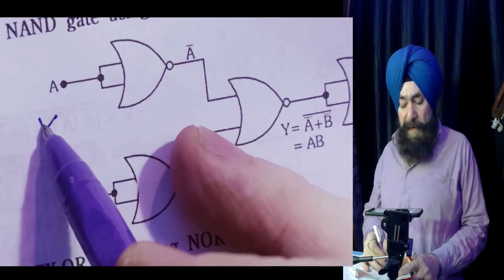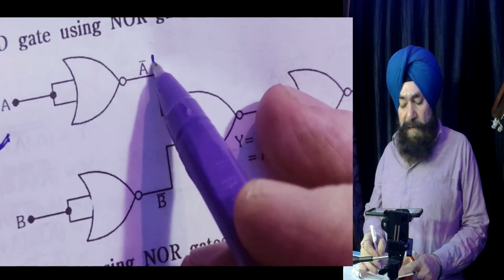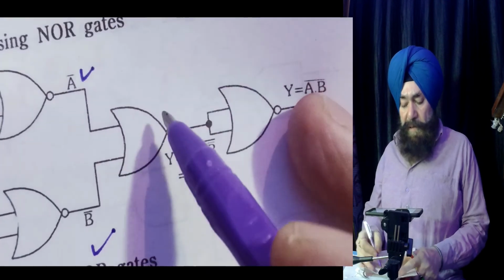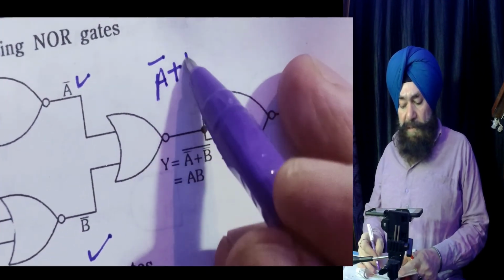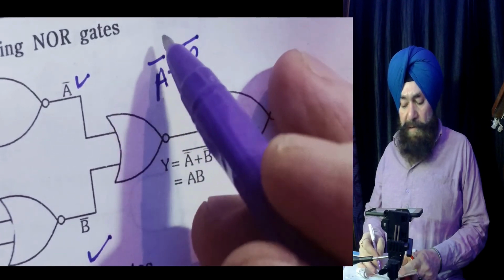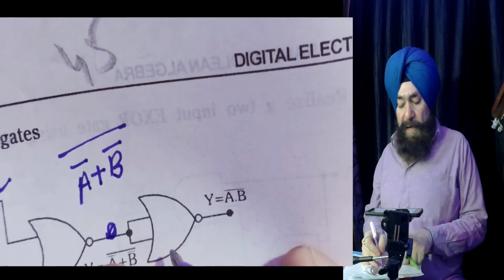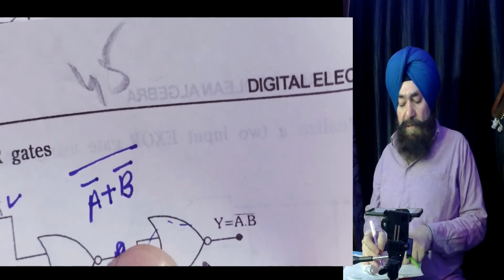Like this, because this acts as a NOT gate, A bar, B bar. This is a NOR gate, A bar plus B bar, like this here. And again this is a NOT gate.